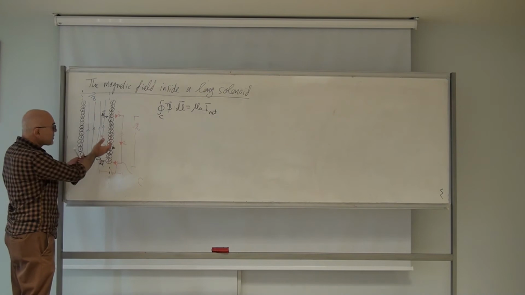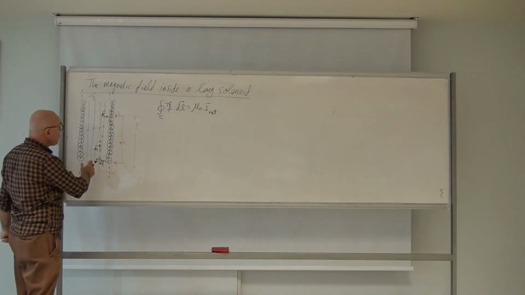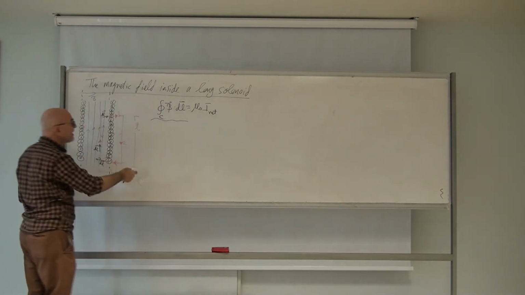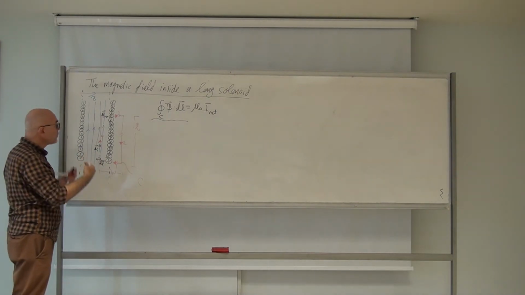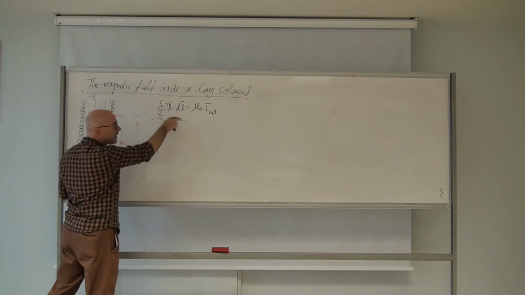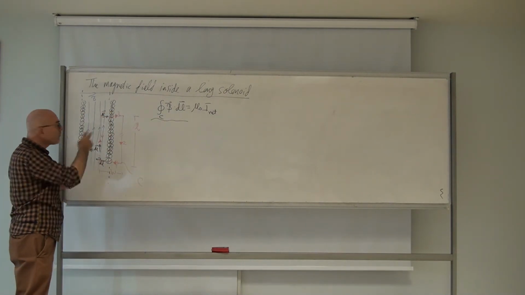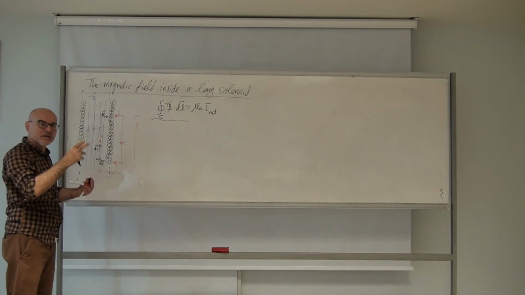Now we will see that this is a very convenient contour actually. We start by noting that this integral of B dot dl over this closed contour, which is called the line integral, can be decomposed into line integrals over 4 open paths, not closed contours.